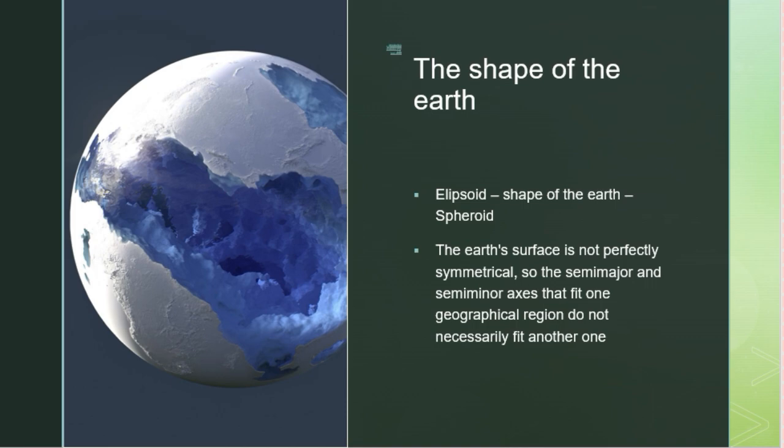Earth is not a perfect symmetrical circle, right? There's lumps and bumps, and gravity pulls certain areas one way and it rotates on its axis. So the semi-major and semi-minor axes that fit one geographical region do not necessarily fit another one. And we've established that the Earth is curved, but it's actually a little more complicated than that, right?